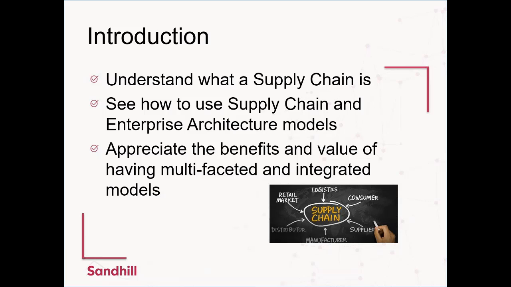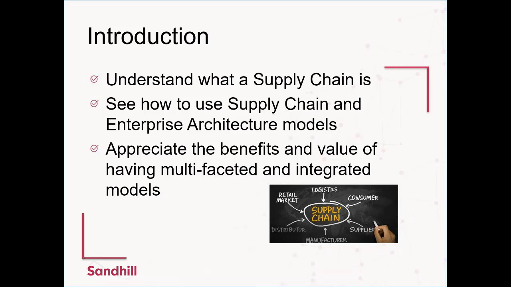But the more important area that we're going to be looking at is how we can use an understanding of our supply chain models, but combine those with our enterprise architecture models. And by the enterprise architecture models, we're referring to the broader sets of architectures that we can create for defining and understanding what the broader enterprise does in its normal day-to-day operations.